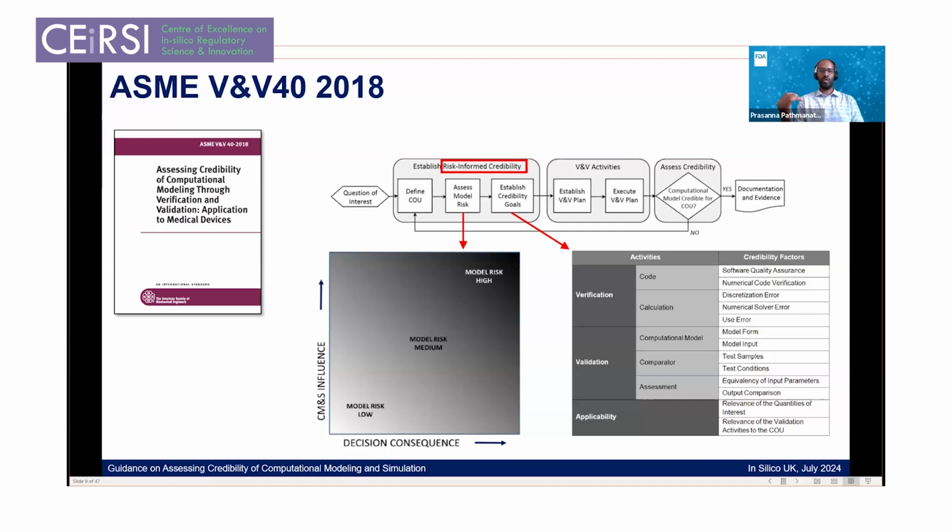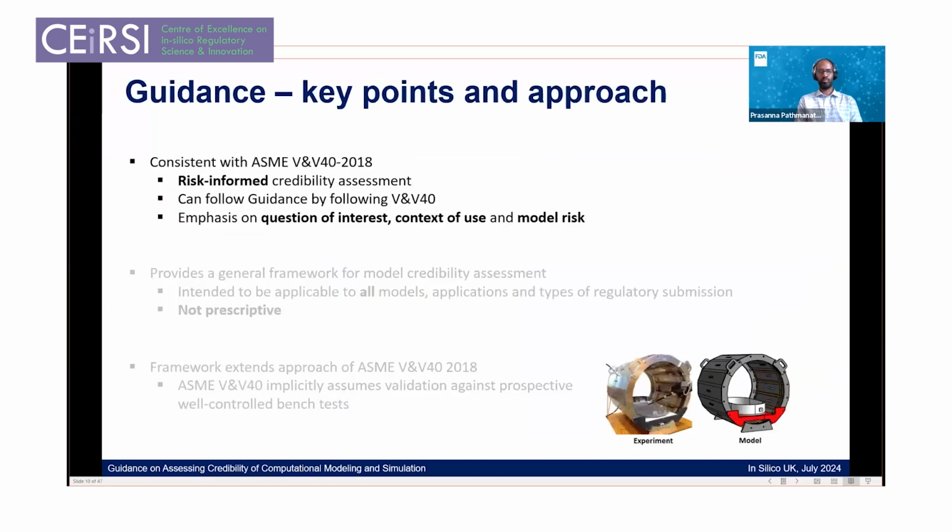V&V40 lays out 23 different credibility factors for users to consider, and asks users to come up with some kind of gradation, and it provides example gradations for each of these that go from low level of rigor to high level of rigor, and users can then justify the level of rigor for each of these based on the risk assessment. We'll go into all of these stages in a little more detail when we go through the guidance.